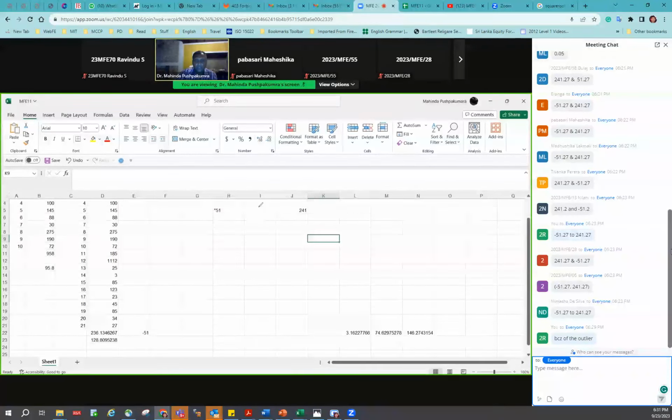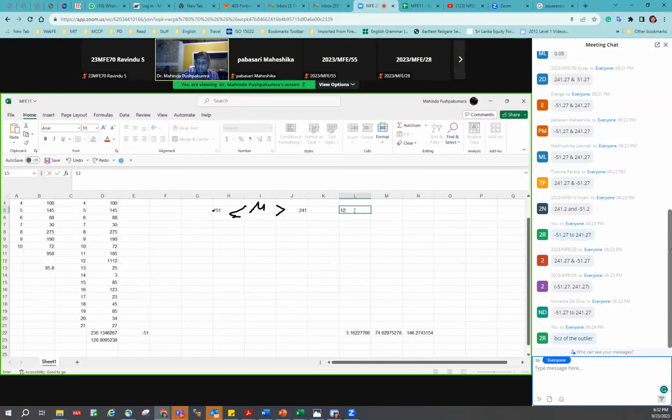The population mean is between these two values, minus 51 and this. Then we realize that actually the population mean is 128.